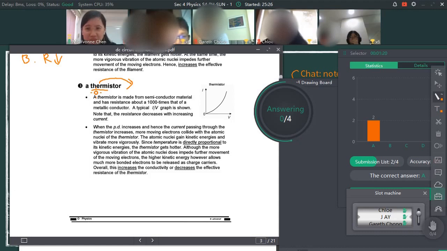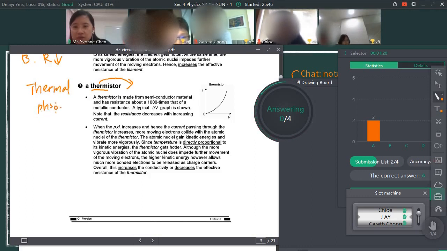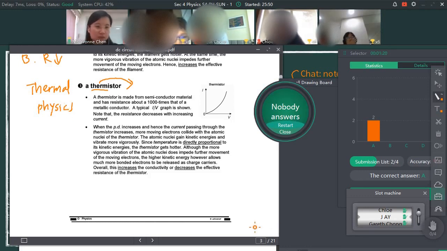Is it energy? Is it brightness? Is it temperature? Or is it volume? One more time. We all learned the topic thermophysics. Still nobody. Okay, I'll use the slot machine then.